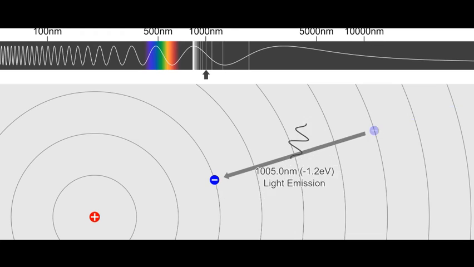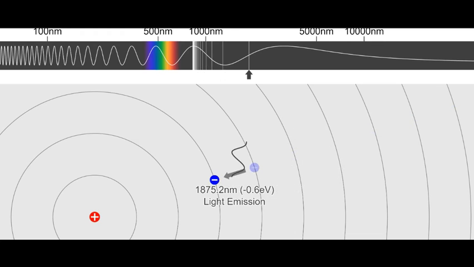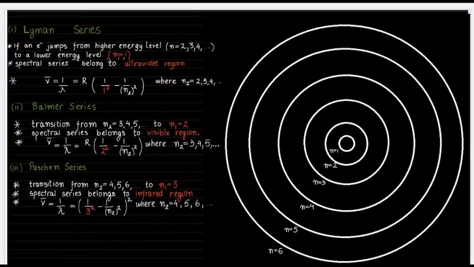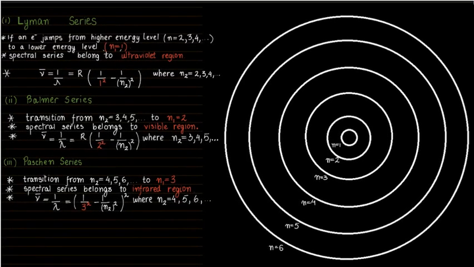So this is your Paschen series. In this case, the transition is from the higher energy levels, from 4, 5, 6 and beyond to n equals 3 level. And when the energy is released, it falls in the infrared region. So this is the wave number formula for your Paschen series.